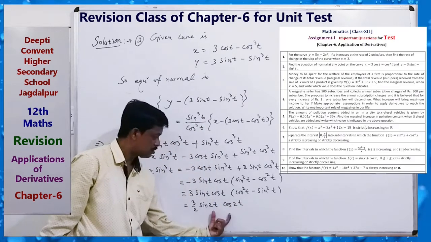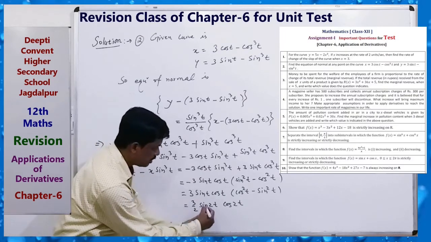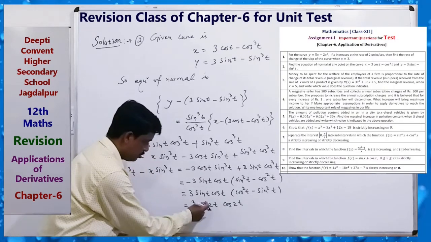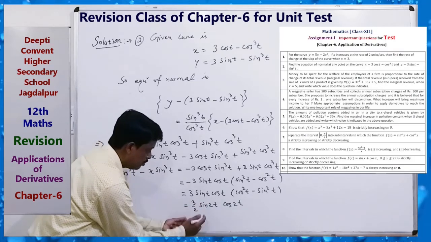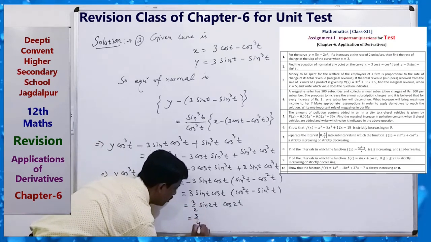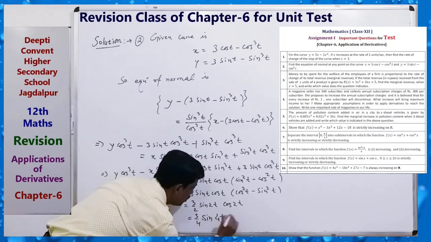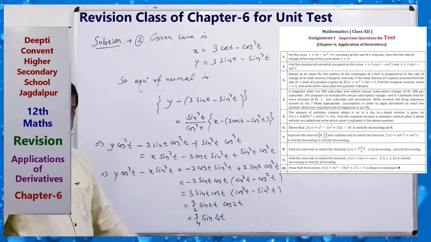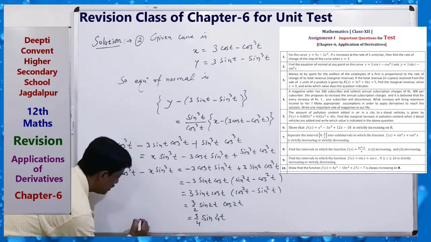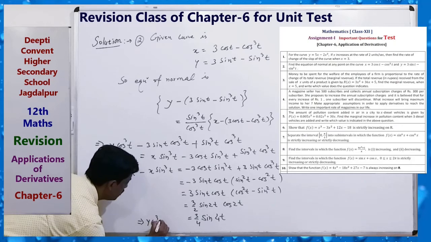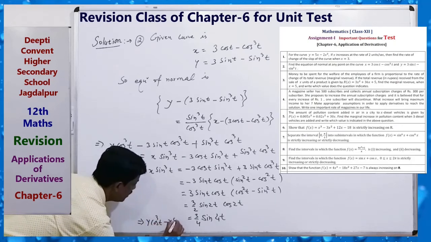Here sin 2t cos 2t, so 2 times this, 2 sin 2t cos 2t, means sin 4t, so apply 2 in numerator and denominator, so we can write 3 by 4 sin 4t. Okay, so this is our final answer.